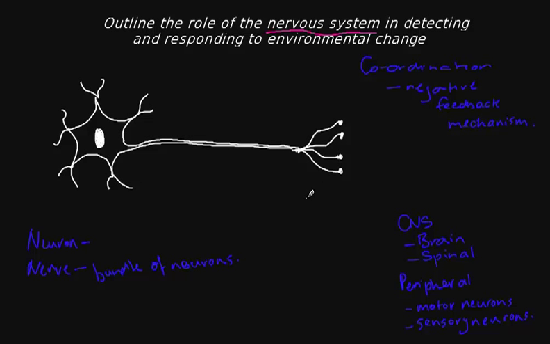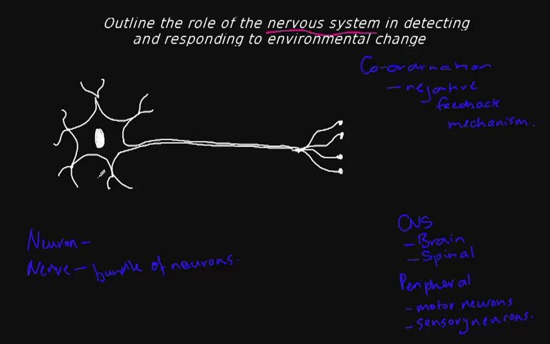What we've got here is a generalized view of a nerve cell, a neuron. A sensory nerve does look a little bit different from a motor neuron, but in terms of getting the basic ideas of how it works, we'll just look at this generalized view.